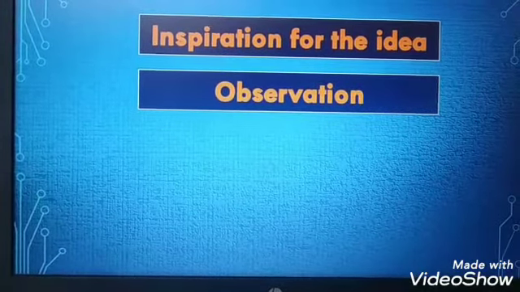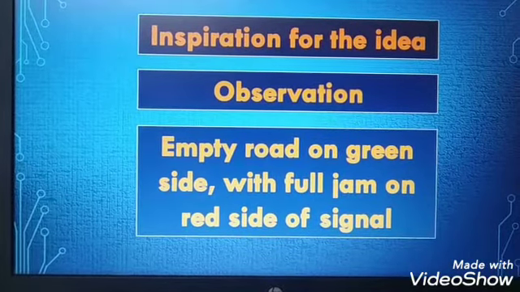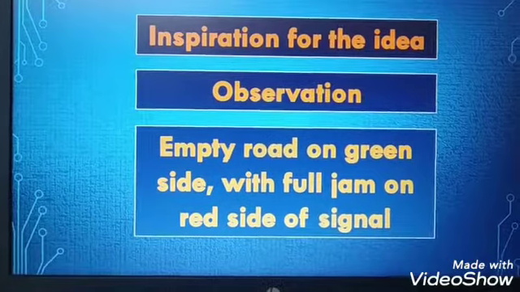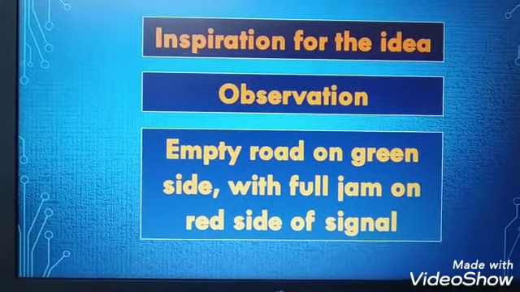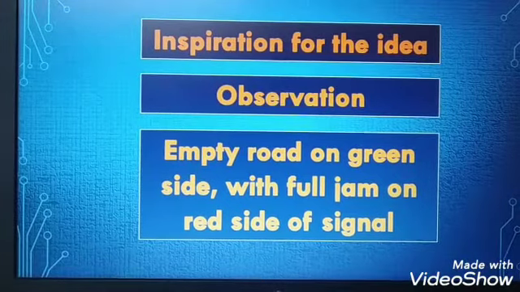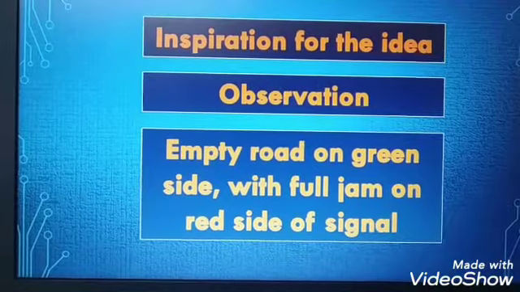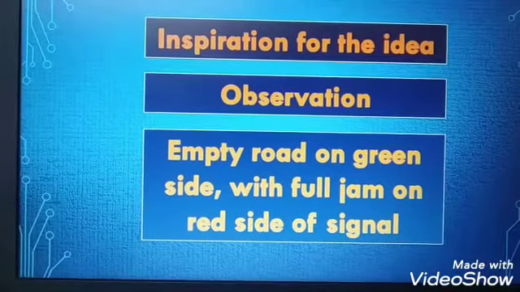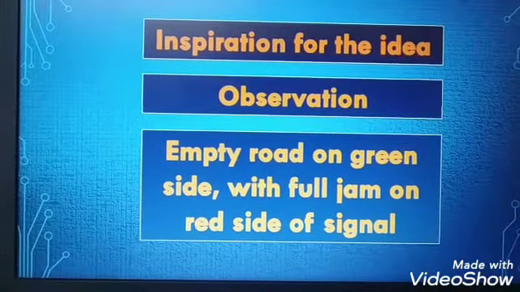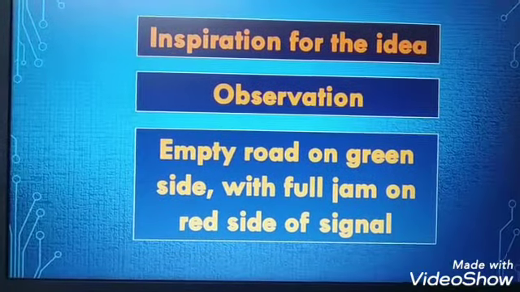So I observed that the green side is sometimes empty. I mean the lanes which are shown a green signal are empty, so there is no car or bike or any vehicle to cross while the signal is green, while at the same time there is a jam on the red side of the signal and it does not change in time.